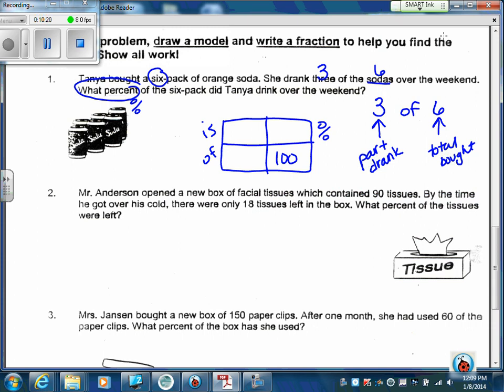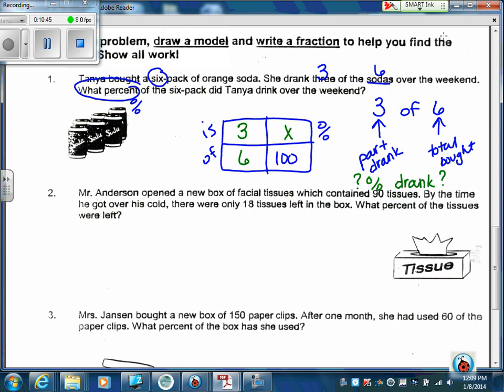My question is the percent that she drank over the weekend. That's really important because they may have your focus one place and then flip it on you at the end. So you want to make sure you're paying attention to what your question is. Part is 3, of or total is 6. Percent is what we're looking for.